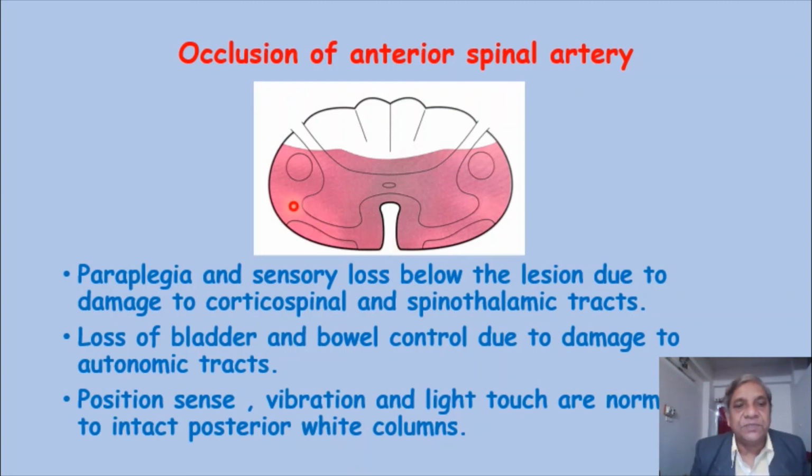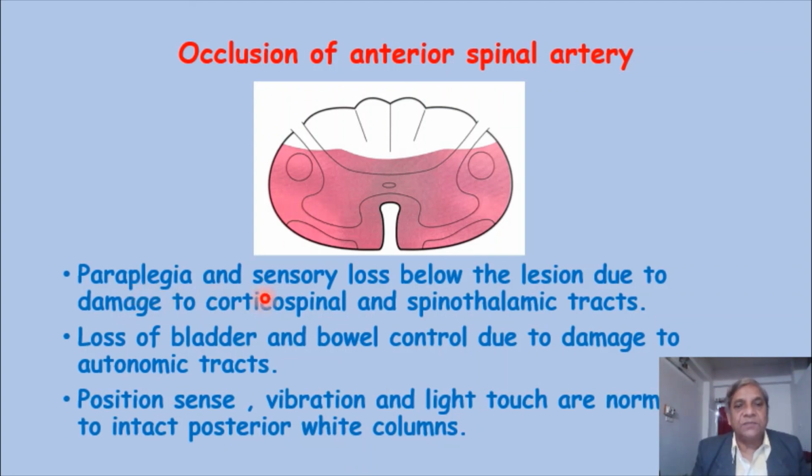Paraplegia means paralysis of the body below the lesion, and mostly both lower limbs are gone, right as well as left. Paralysis is on both sides of the trunk and the lower limb.